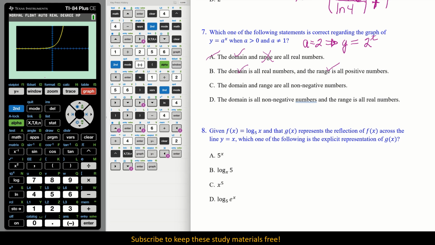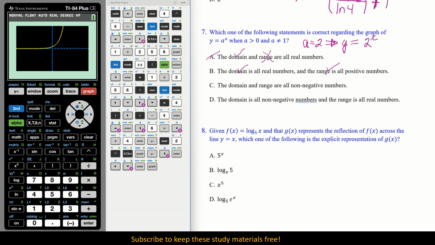Let's keep reading. C, the domain and range are all non-negative numbers. The domain is on the negative side or the left side of the y-axis, see, so it has to be some negative numbers. So we've already agreed that it's all real numbers. It can't be one or the other.